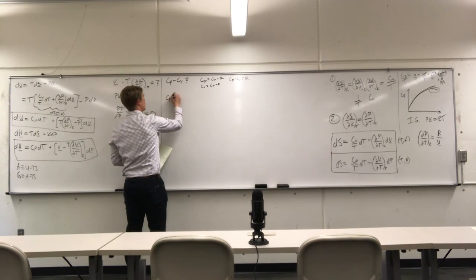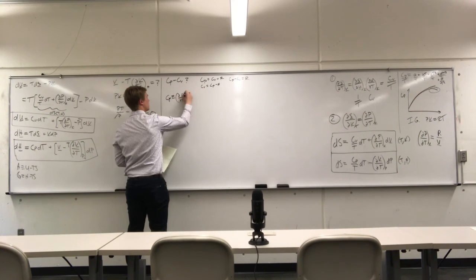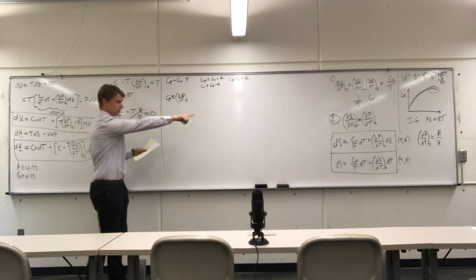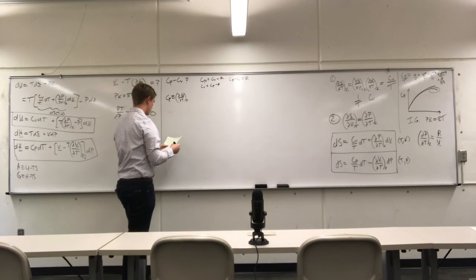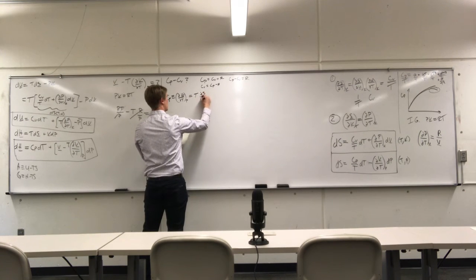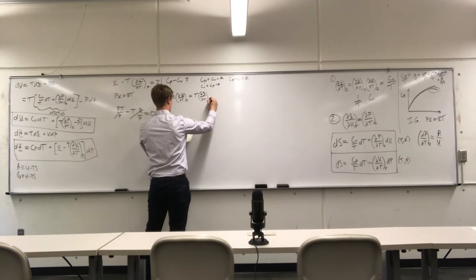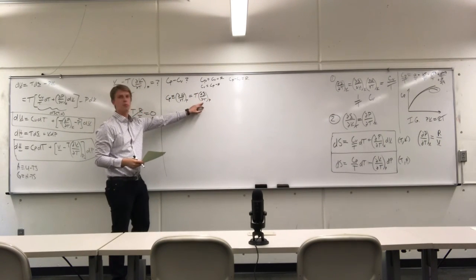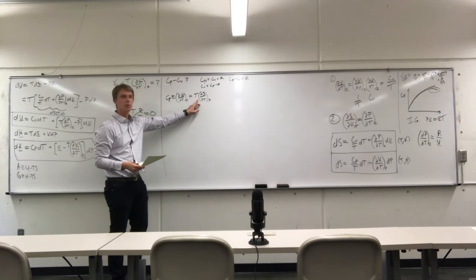C sub P is defined as how the enthalpy changes as a function of temperature at constant pressure. From our playing around over there, we know that this is also equal to the changes in entropy with respect to temperature, but times the temperature.